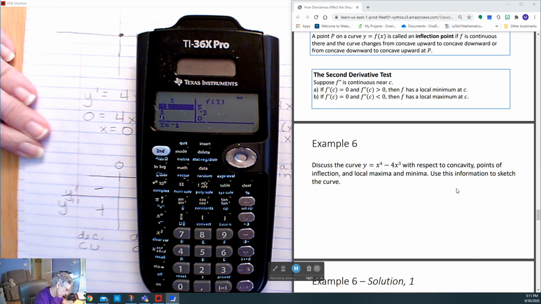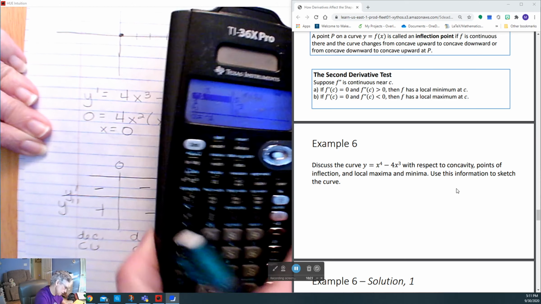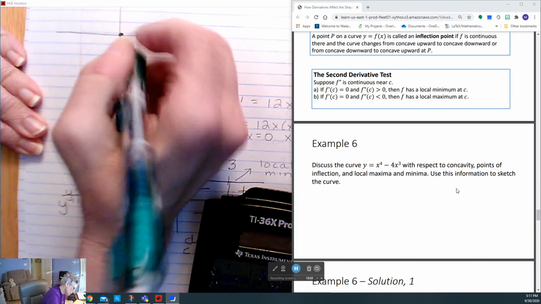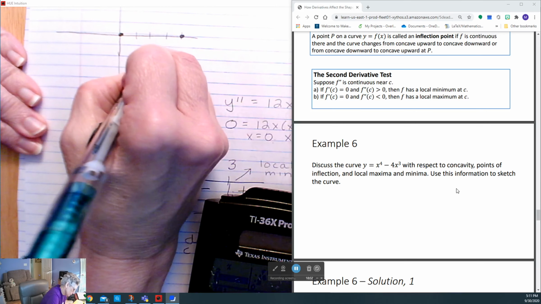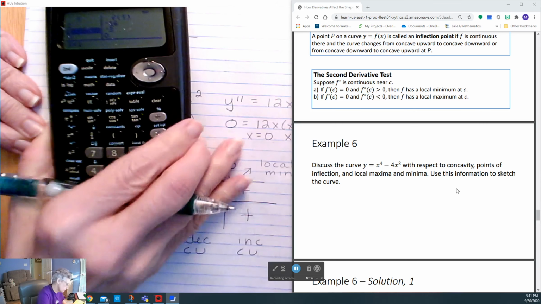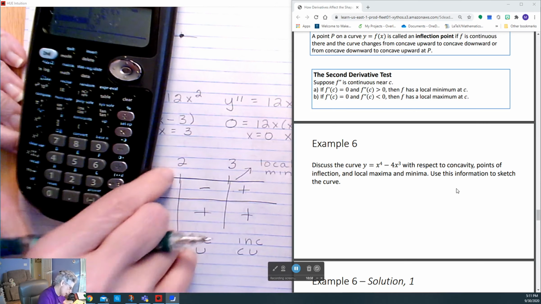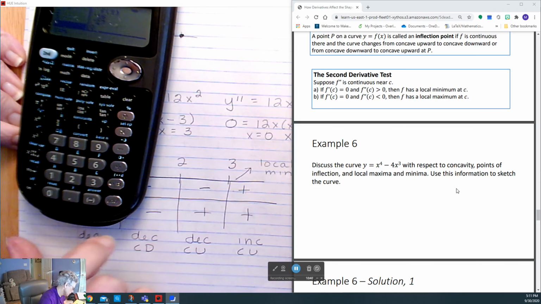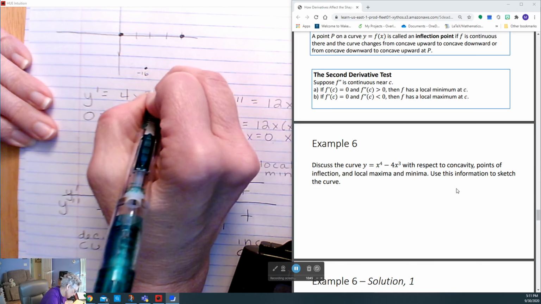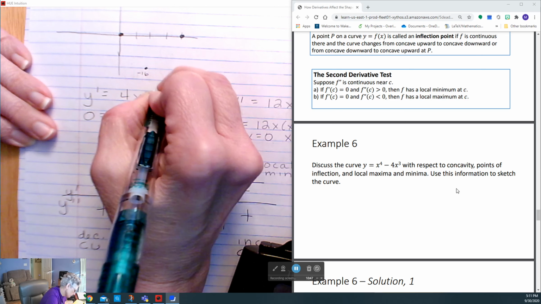So let's see what my function value is. We know what it is at 0. Let's see what it is at 2. It's negative 16. And at 3, it's negative 27. I didn't give myself nearly enough room. It's negative 27.